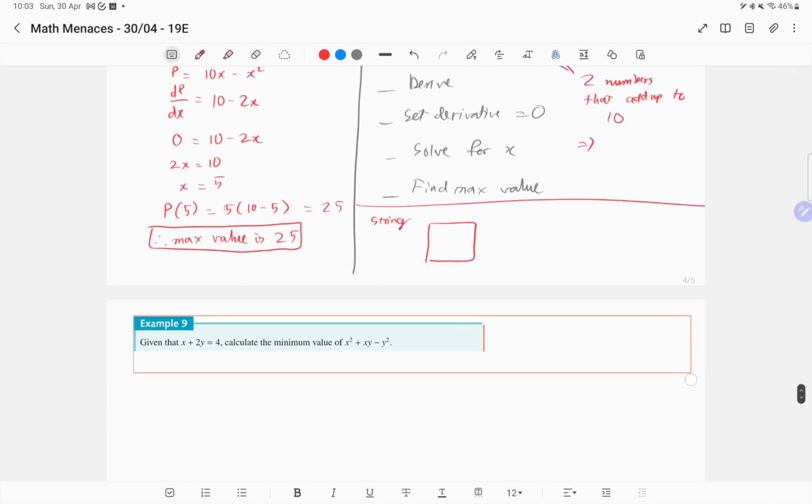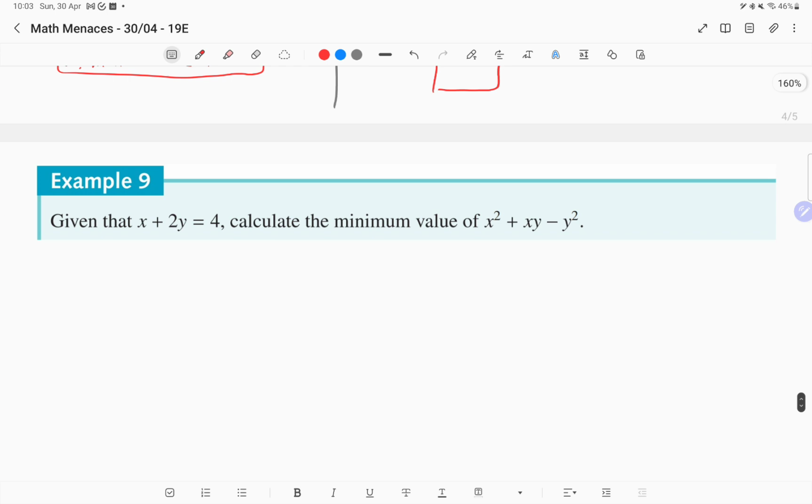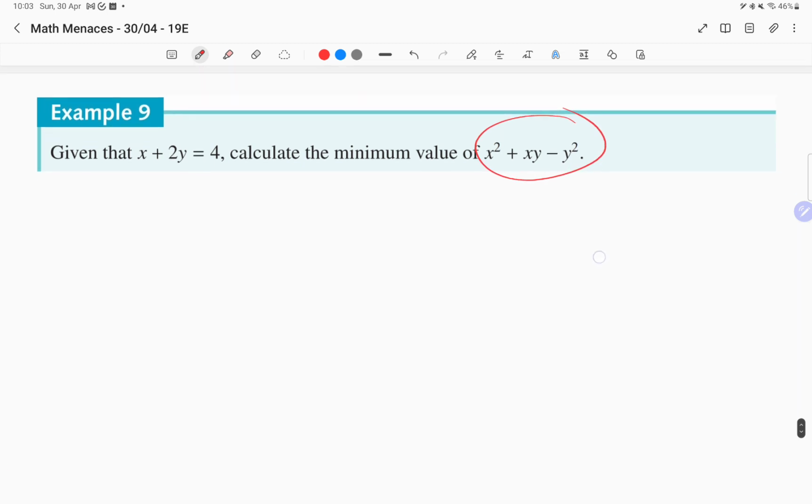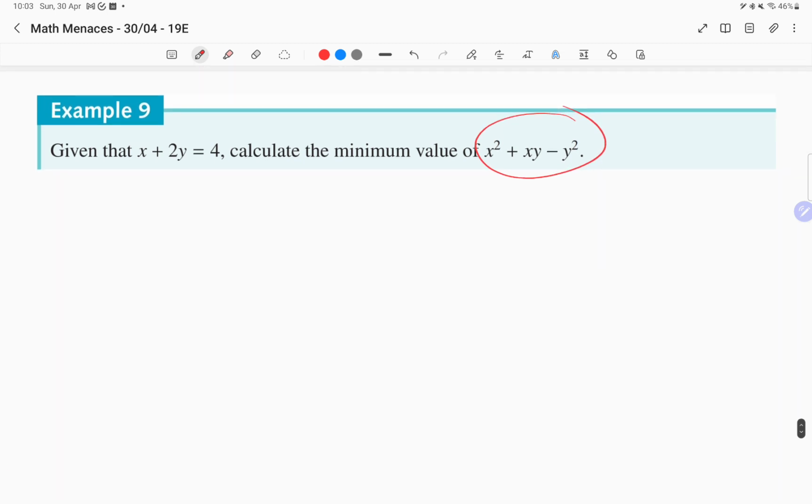Like, I swear, people freak out so much. Like, oh my god, I don't know how to deal with this thing. Normally you see y equals x, and then this x squared plus xy minus y squared. They have no idea where to get started. It is a very simple concept, but they throw you an equation that you've never seen before, and people start to panic.